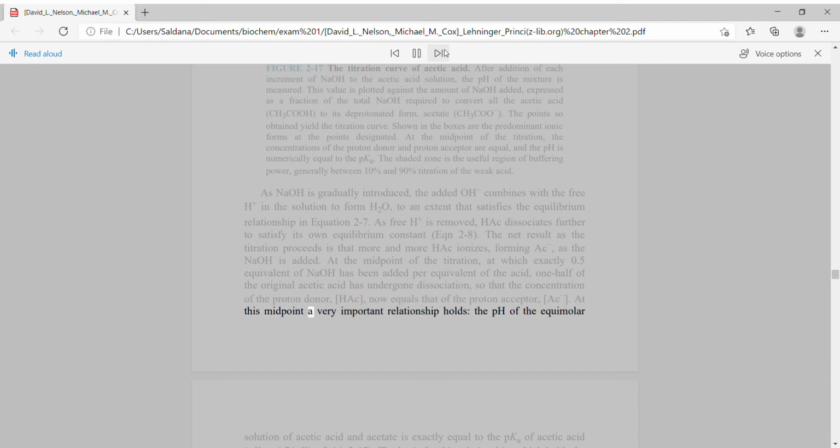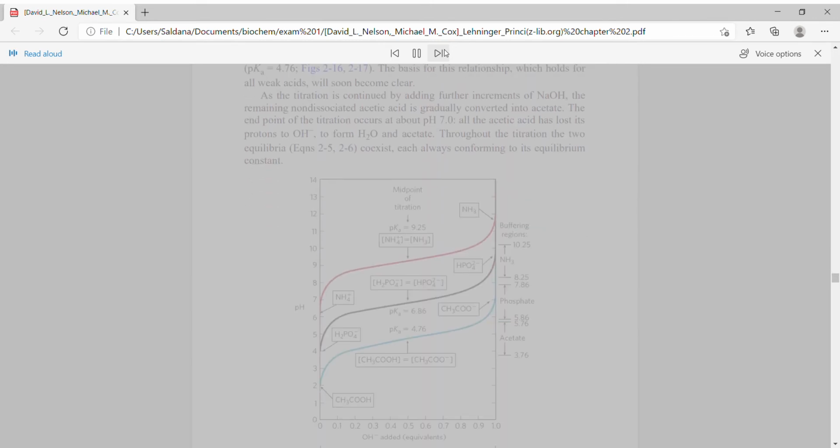At this midpoint a very important relationship holds: the pH of the equimolar solution of acetic acid and acetate is exactly equal to the pKa of acetic acid, pKa equals 4.76, Figs. 2-16, 2-17. The basis for this relationship, which holds for all weak acids, will soon become clear.